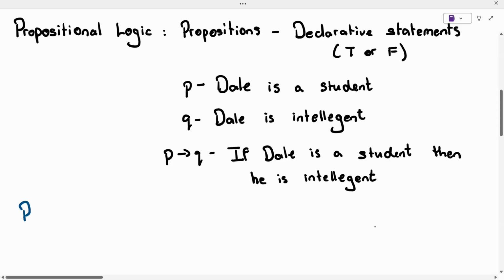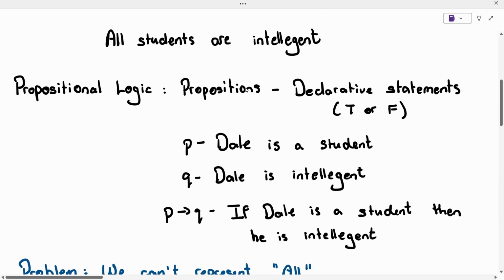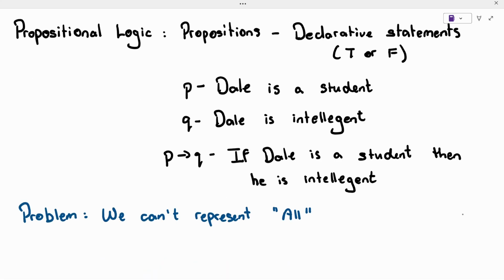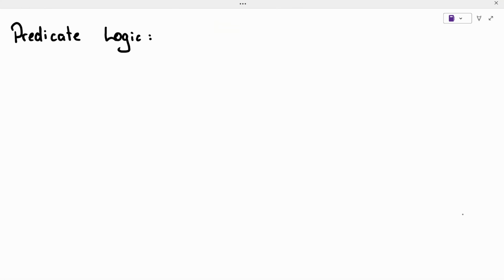Now, the problem with doing this, we cannot represent that word all because propositional logic works for this particular variable here, whereas the statement that we need to represent has that word all. So to deal with this, we introduce predicate logic, which deals with predicates.